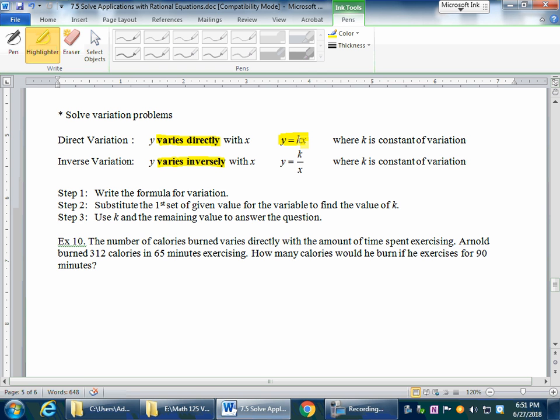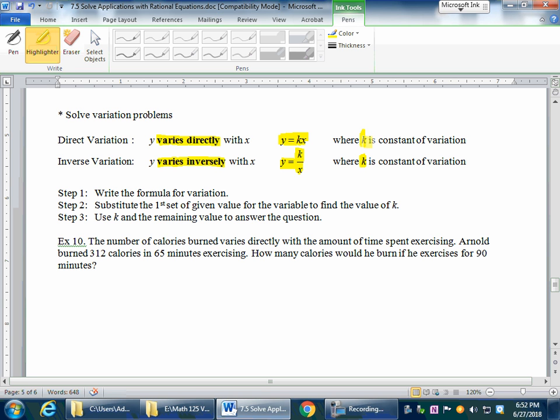If y varies inversely, then we are basically talking about y is equal to k divided by x, the inverse variation. And k is always the constant of variation, which we need to look for.